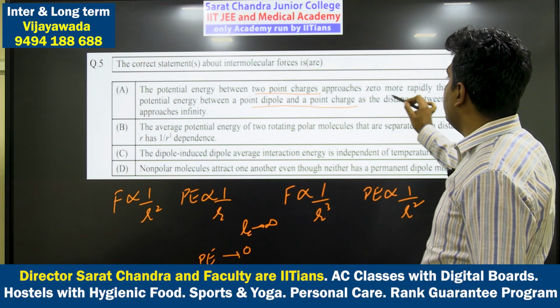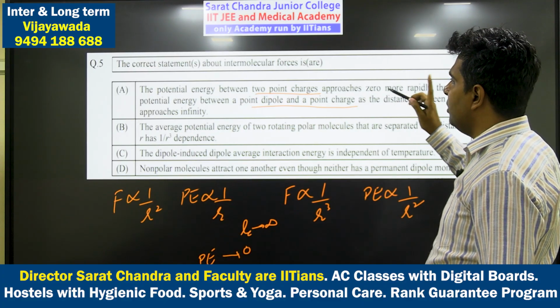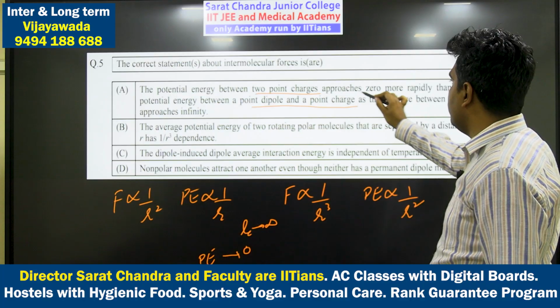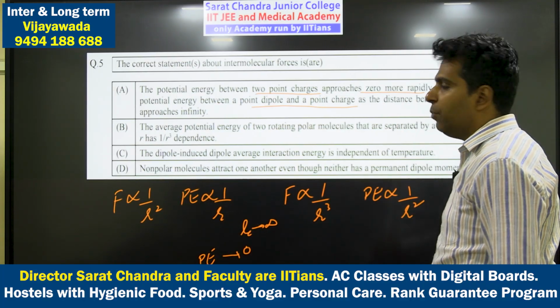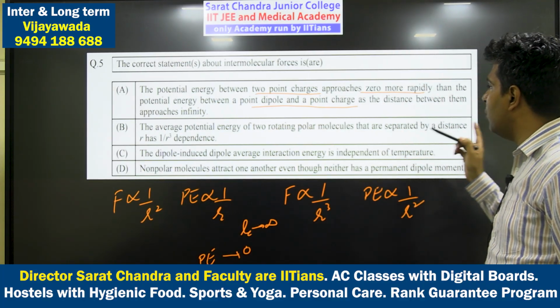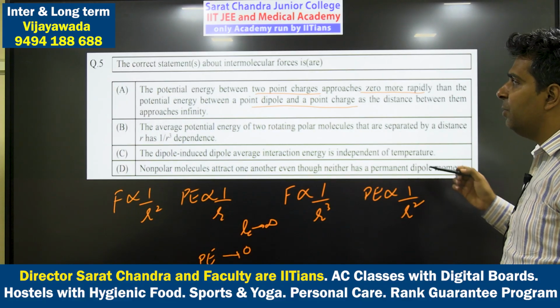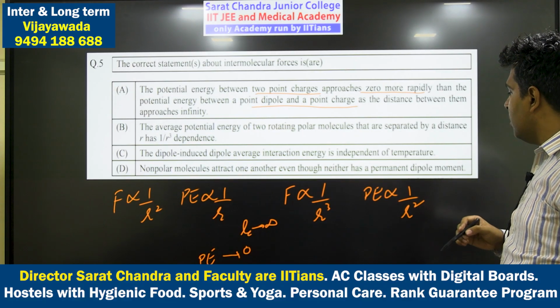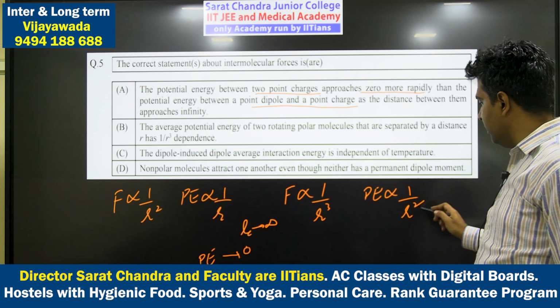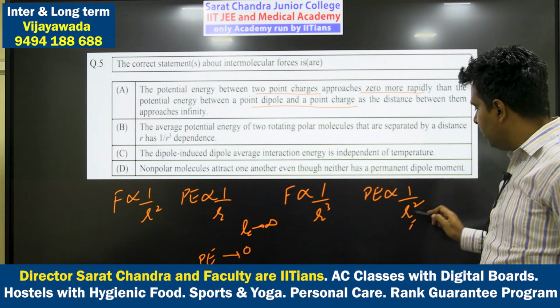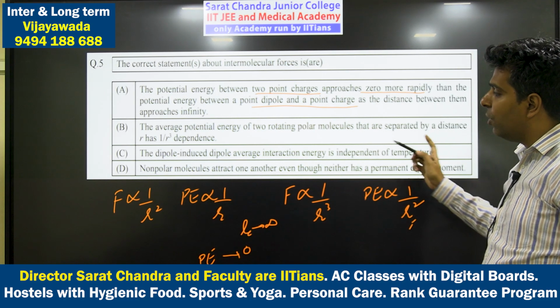Now, approaches 0 more rapidly. Potential energy between 2 point charges approaches 0 more rapidly than potential energy between a point dipole and a point charge as the distance between them approaches infinity. Now if the value of r is increasing, since this is 1/r square, this will approach 0 more rapidly.